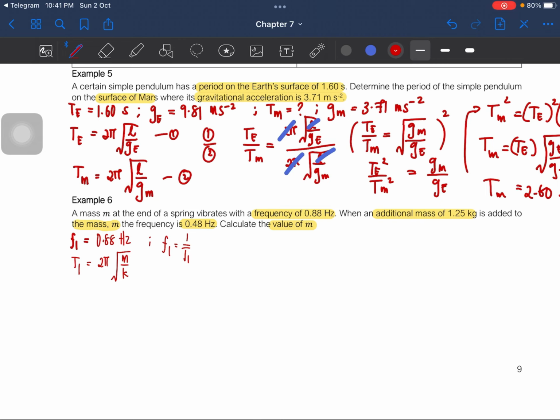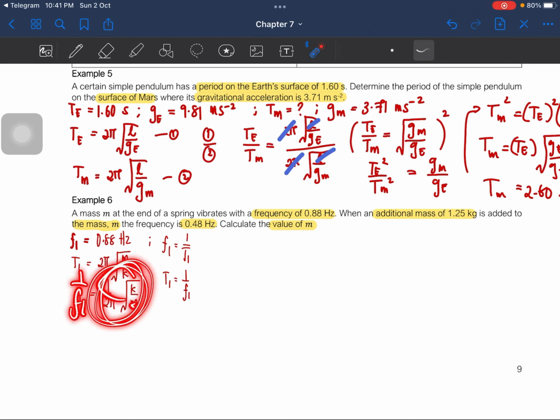So from here we change it to F1. If I flip it over, it becomes F1 equal to 1 over 2 pi square root of K over M. I flip it because T1 is equal to 1 over F1. So instead of putting 1 over F1 here, I flip the one here.